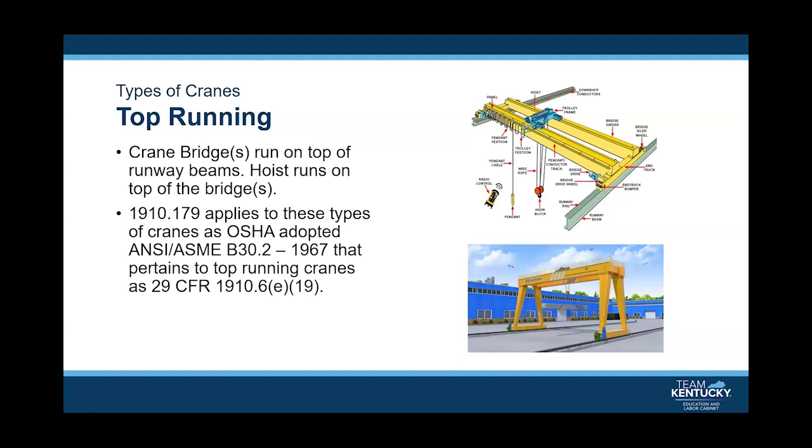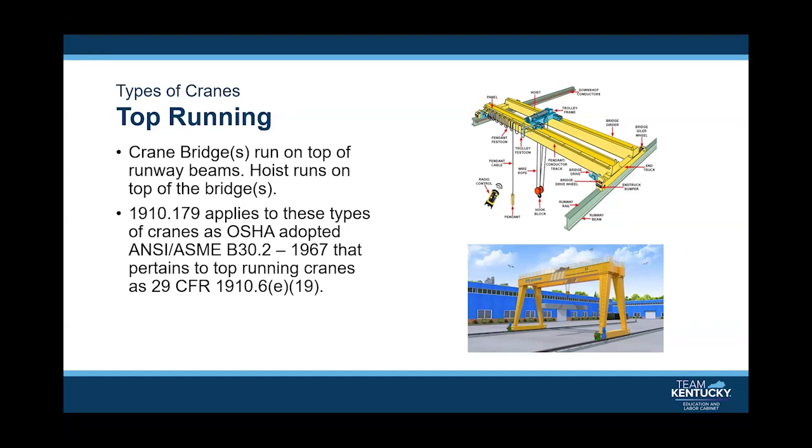The first type is top running cranes. Top running cranes can be identified based on the location of the hoist and the trolley that runs on top of the bridge or bridges. On a bridge crane, the bridge or bridges run on top of the runway beams.